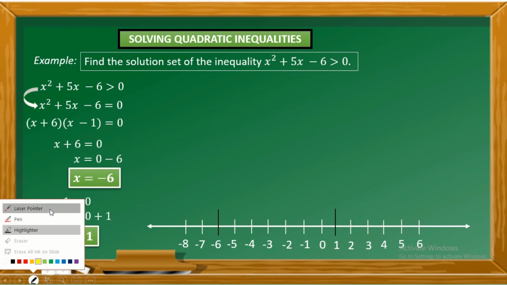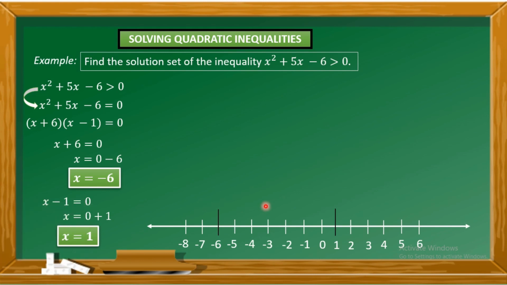Now let's represent these 3 parts using x. The numbers that belong in this first part are negative 7, negative 8, negative 9, and so on, so we can say that x is less than negative 6.